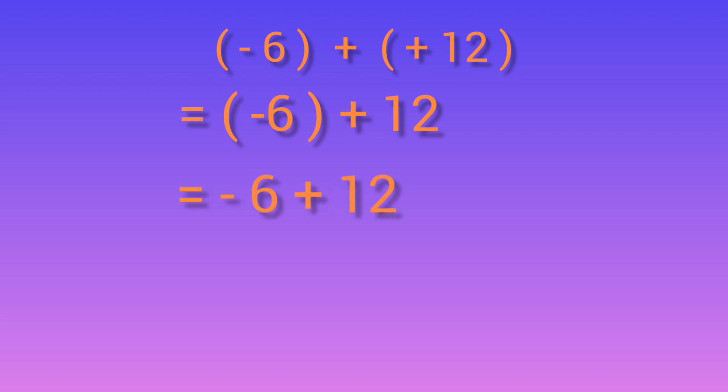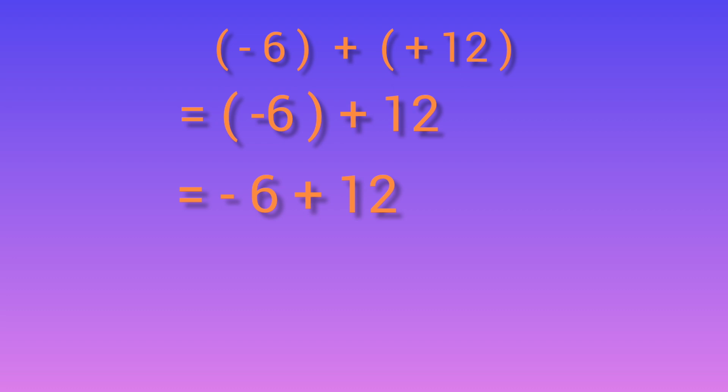Now, here's another rule. If you have two signs that do not follow each other, like the previous examples that we had, so these are signs that have a number in between them. Like in this case, we've got a negative 6 and a positive 12. So here is the rule. When the signs are different, like in this case, it's a negative 6 plus a 12.